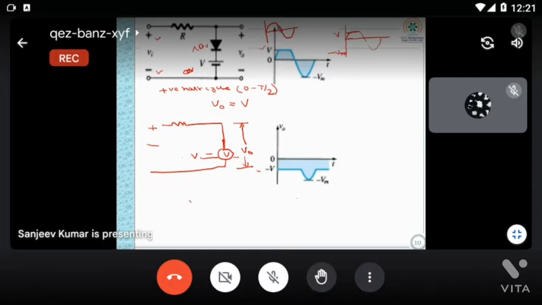And in the negative half cycle, anyone? The graph that you're drawing, is it different for positive biased and negative biased? Like, do we get the same graph, or something different in the parallel clipper?